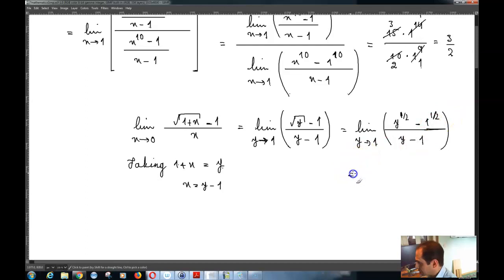So we can write this as n, which is 1/2, times a raised to the power n minus 1, that is 1/2 minus 1. Now whatever that is, a is equal to 1, so you'll get 1/2 over here. So your limit is 1/2.